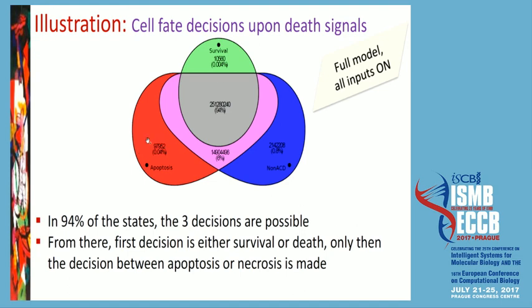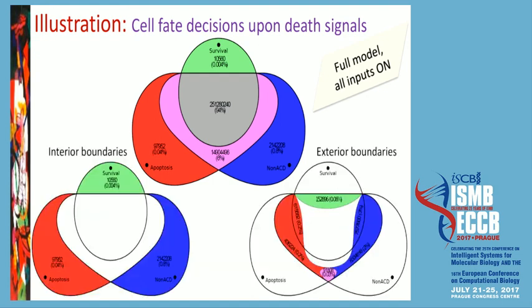Then we can make a decision, so the system, from this common region, will end up either in the strict basin of attraction of survival, or in this weak basin of attraction, which is common to the two types of death. And then only the decision between the type of death, apoptosis or necrosis, will be taken.